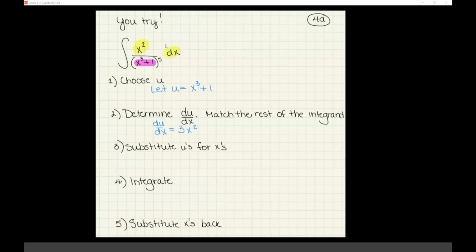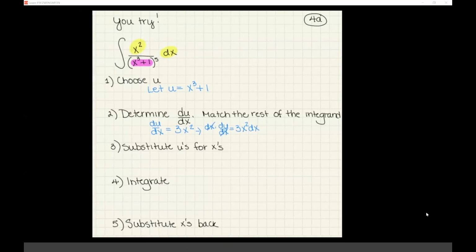Now, if I look at my integral, I can see, well, I got the x squared up here. That matches. And I know I can get the dx to the other side by just multiplying both sides by dx like this. All right, these go away, and I get du equals 3x squared dx.